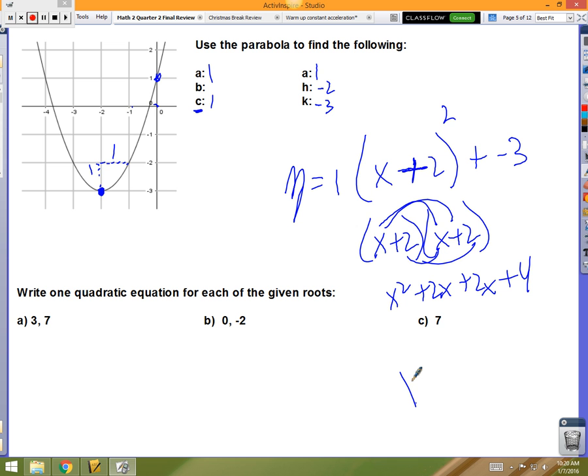So x squared plus 4x plus 4, and then minus 3. Because I got to distribute 1 to everything, but that's not going to do anything. So a minus 3 and a plus 4, your final answer, x squared plus 4x plus 1. So my A is 1, my B is 4, and my C is 1. So my B ends up being 4.